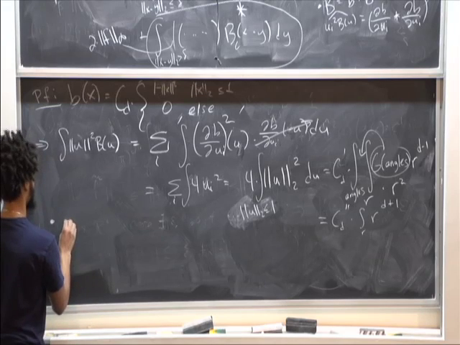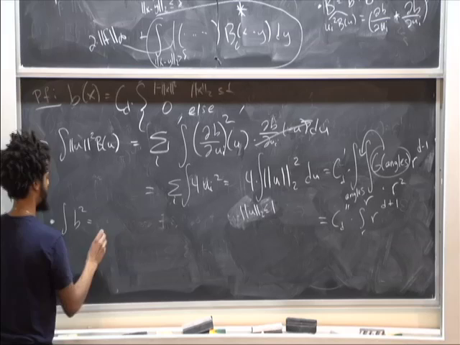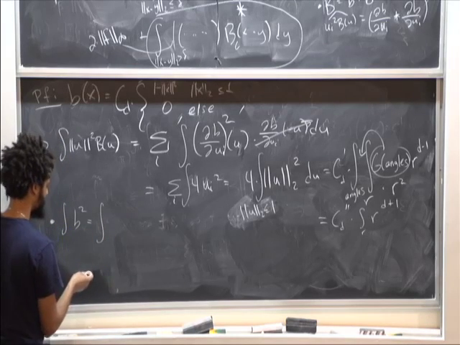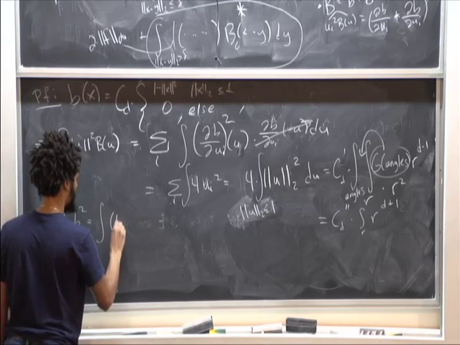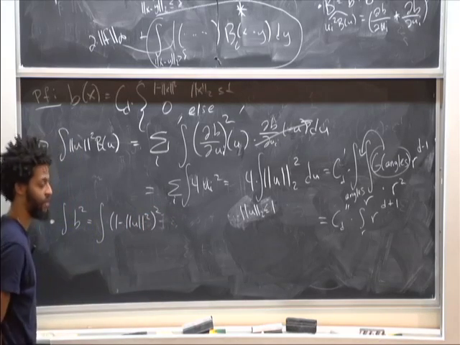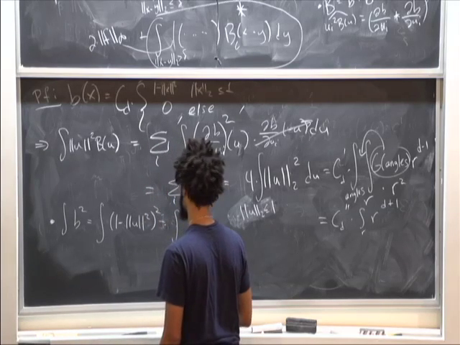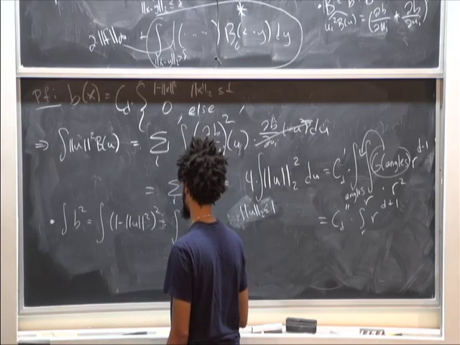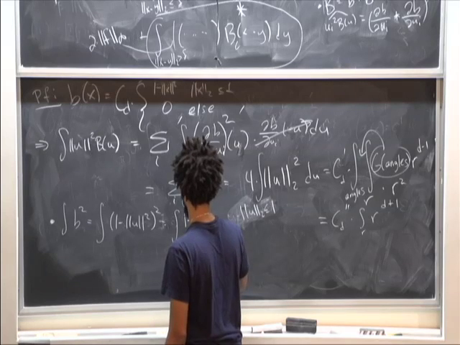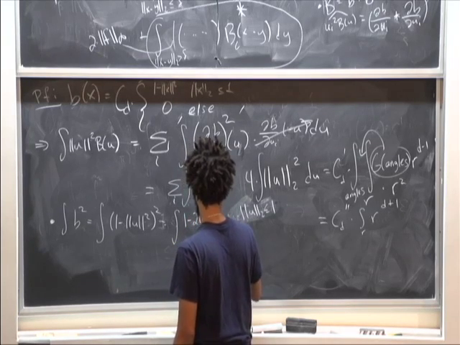But also, if you look at the integral of b squared, that's equal to the integral over the ball of (1 minus u squared) squared, which is the integral of 1 minus 2u squared plus u to the 4th.